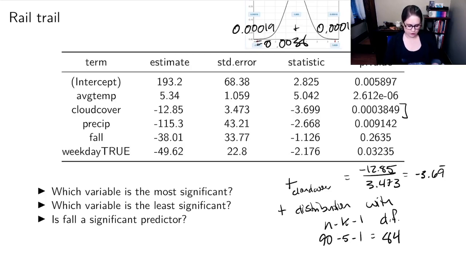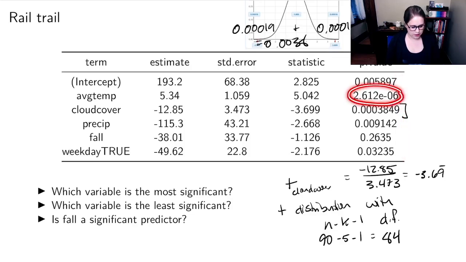And then there are a couple of questions here, like which variable is the most significant? Which variable is the least significant? We could ask, is fall a significant predictor? I will talk about the first one, and then I'll leave the other two for us to talk about during synchronous class. For the first one, which variable is the most significant, I would look at these p-values and look for the smallest p-value.